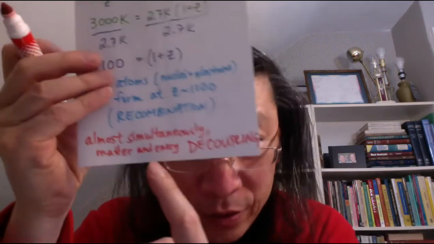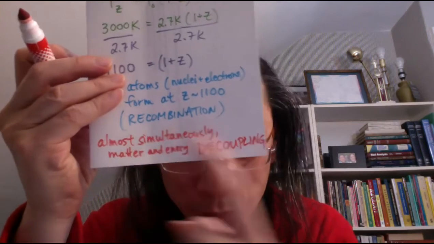Almost simultaneously, matter and energy decoupling happens. They stop dragging on one another. Matter and energy decoupling, and you have the recombination.